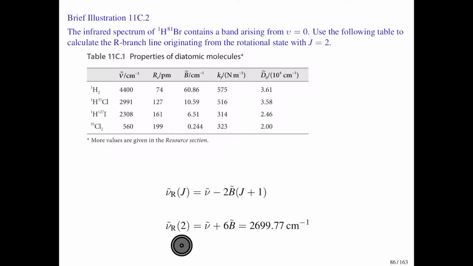So here they want us to calculate the transition from J equals 2 to J equals 3. I've got the same typo here, but then somehow I magically corrected it for this formula here. You'll just get the frequency that it occurs at.